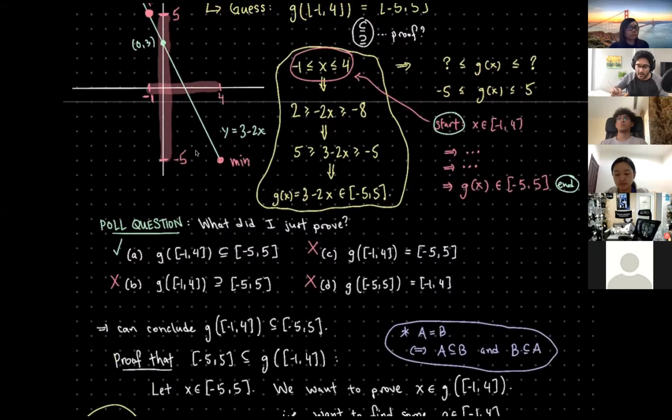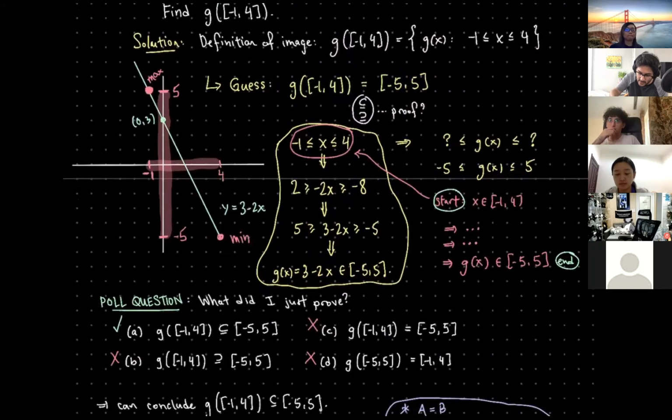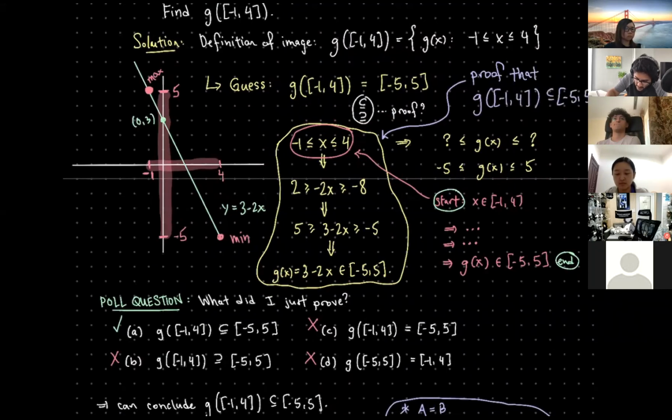Sorry, my point that I was trying to make, people were saying that what I've done is here's the proof, half the proof. Maybe I'll write that down. In this yellow box is a proof that the image of the interval is contained in this interval from -5 to 5. It's basically all the setup for the proof, but you should write up that proof in a good copy.